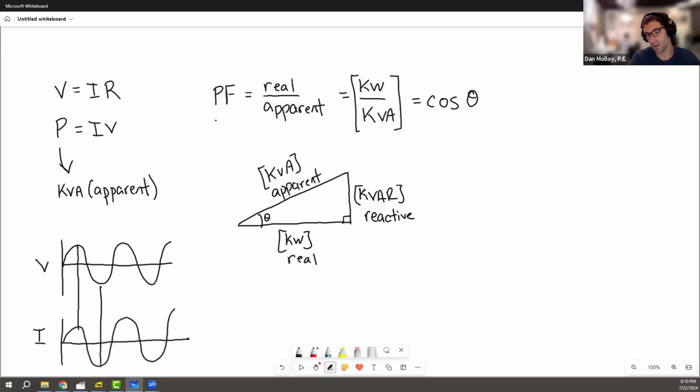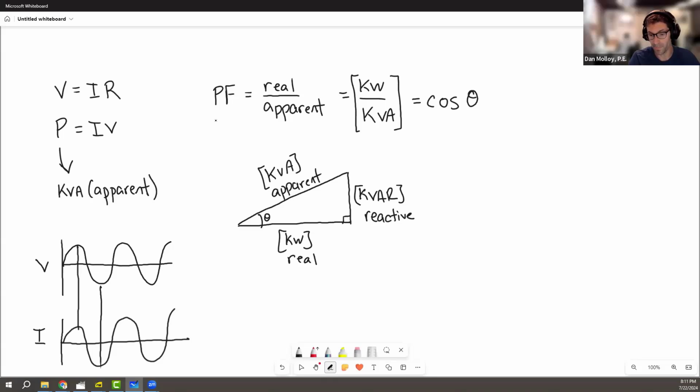There's no capacitance and there's no inductors in there, which means the kVARs are zero, which means that theta is zero. So the hypotenuse gets lower and lower until it collapses with the horizontal axis, and the kVA equals the kW. They're the same thing. The power factor is unity.